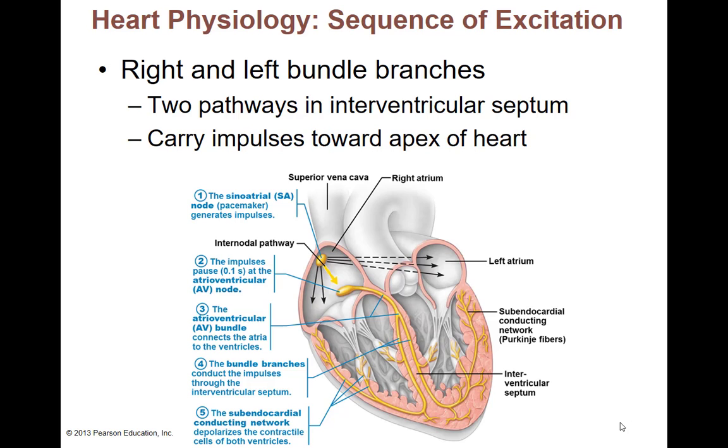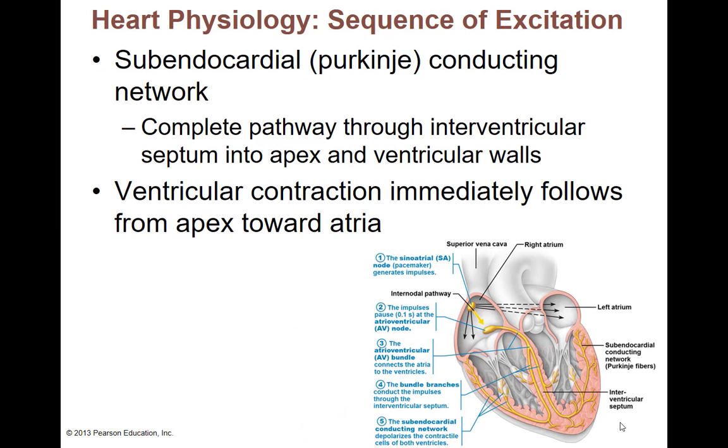It splits down that interatrial septum into your right and left sides, depending on what side of the heart it will eventually send electricity through. It's going to send it down to the tip of the heart, the apex at the bottom. And then it goes up the sides in your Purkinje fibers, sometimes called subendocardial fibers.